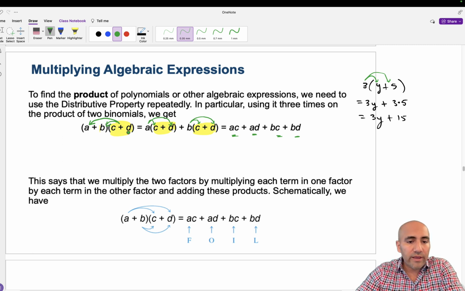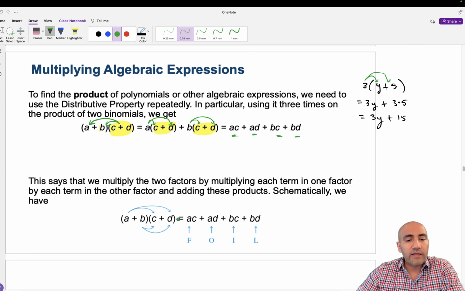One other common way is something called the FOIL method. F-O-I-L, FOIL. FOIL is just an acronym that helps us remember a particular order in which we multiply things to get the exact same answer. If you recall, it looks like this.